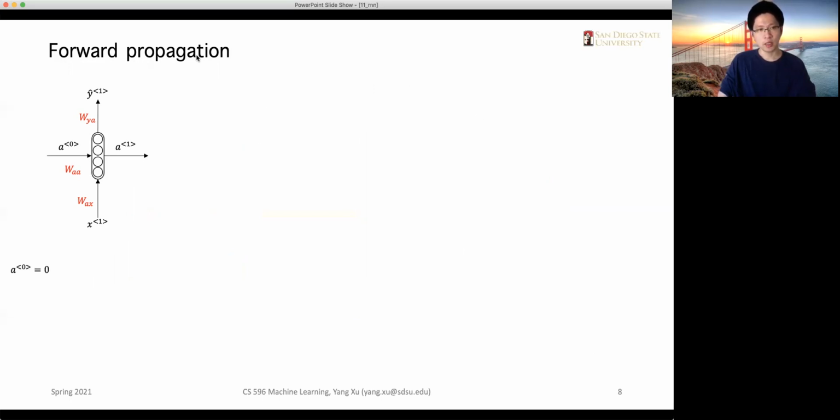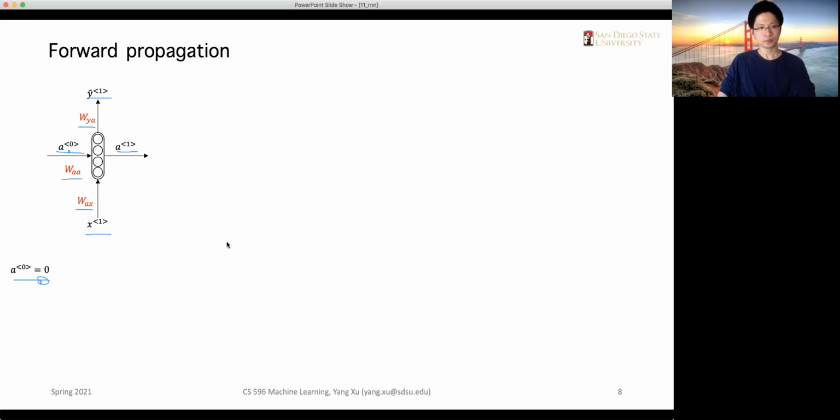We have listed the inputs for time step 1, x1, the desired output y hat 1, the activation from the previous time step, which is A0, the output for the current time step A1, and all the parameters WAA, WAX, WYA. And assume that the activation for the first time step is 0.